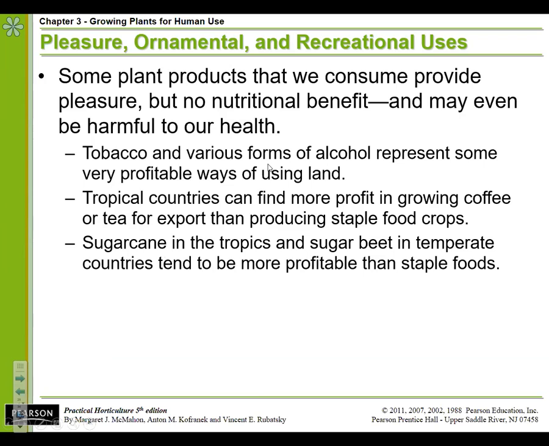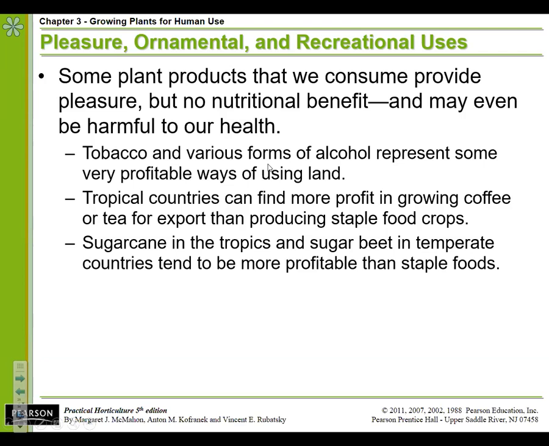Now we talk about sugar cane as well, and sugar beet in the temperate areas. If we were to look at the food pyramid, right, sugar is at the top of the food pyramid. We want to use it sparingly in our diet. So we think of this, again, on a large level as being bad for us, causing obesity, for instance. However, they're profitable crops to grow, more profitable than the staple foods.